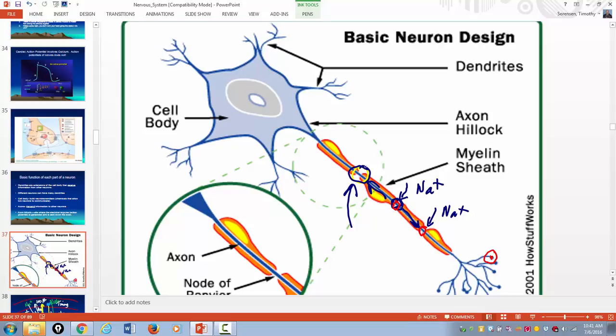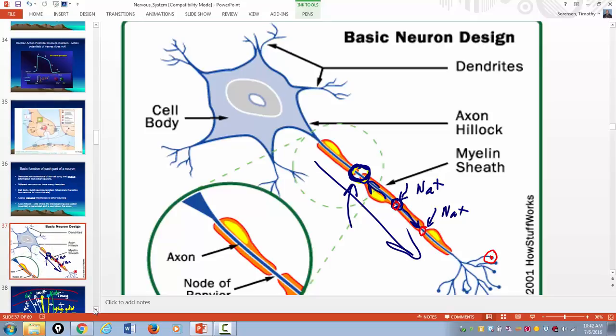So by becoming hyperpolarized, more negative after it fires, it prevents that from firing again. And that's a good thing because that guarantees that that electrical impulse is only going to go in one direction. Fine example of the body doing stuff that makes sense.